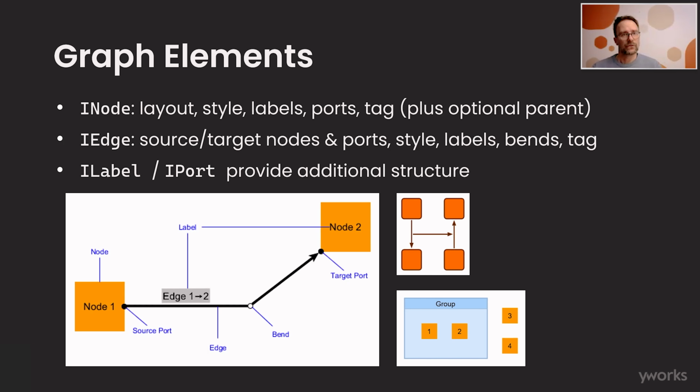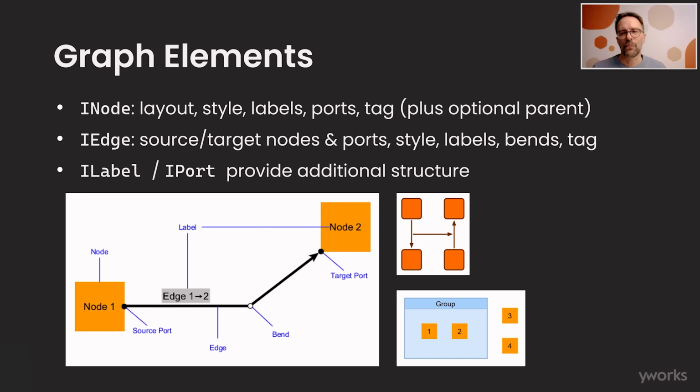So a node can have a different style and then it will appear differently on the screen. A node can also have any number of labels. A label is typically a textual description on top of or next to the node, but could also be something like an icon or an adorner.